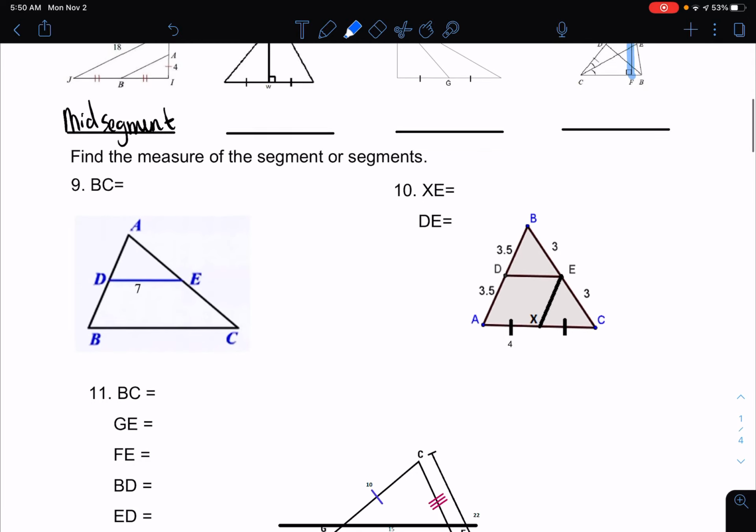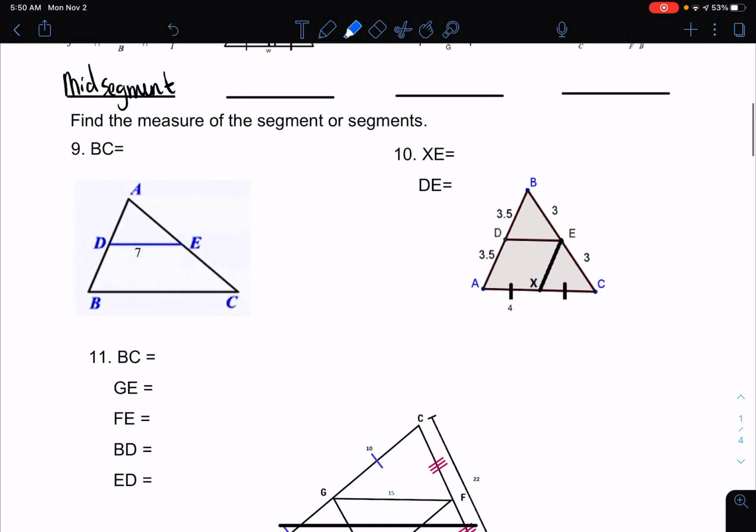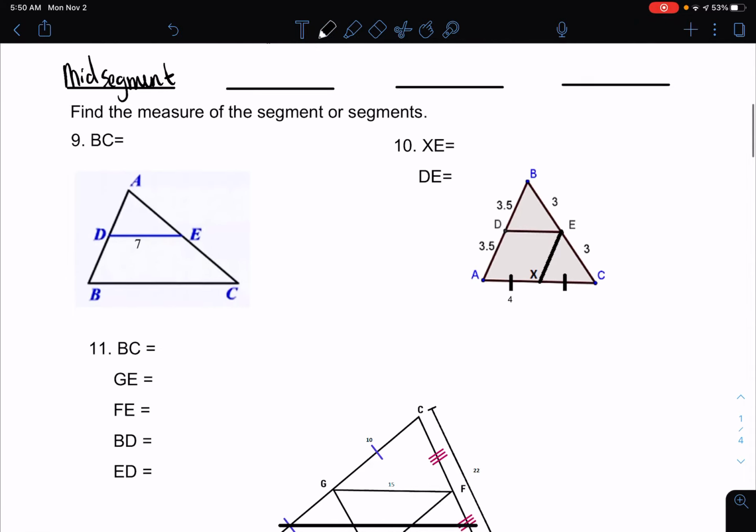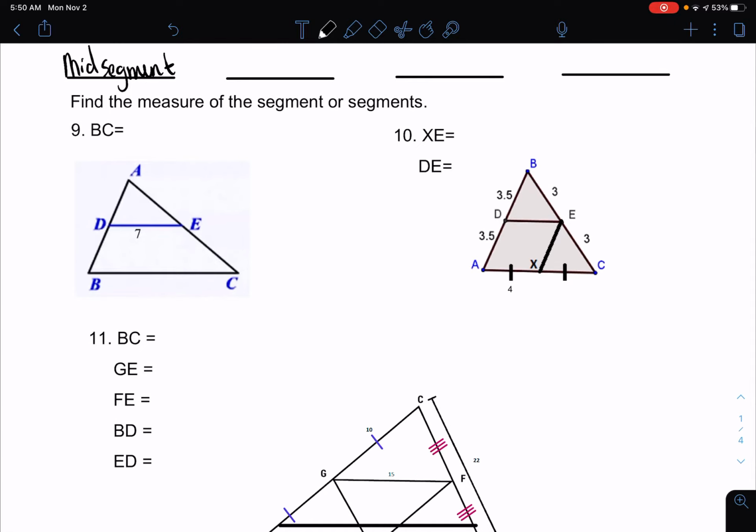All right, moving along, number 9, it says, find the measure of the segment or segments. Looking at number 9, it says find BC. So I need to find this length from here to here. If you remember how to do these, DE is technically the mid-segment for AB and AC.